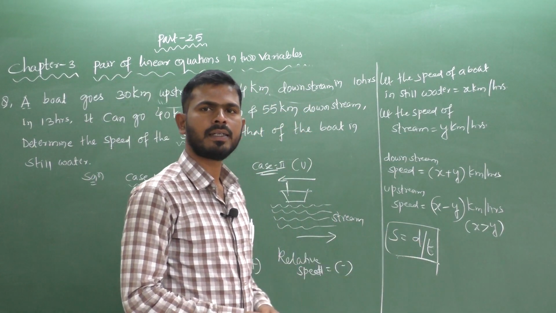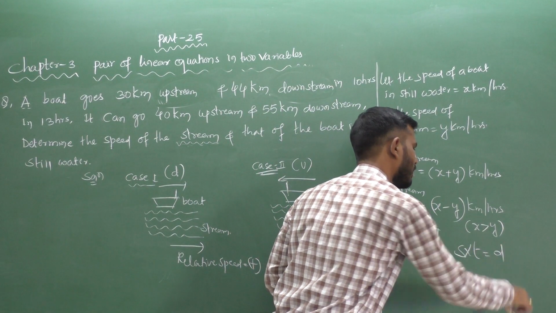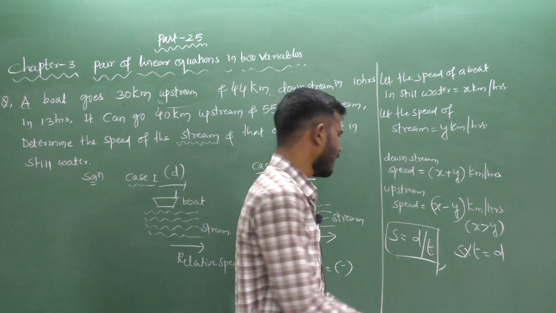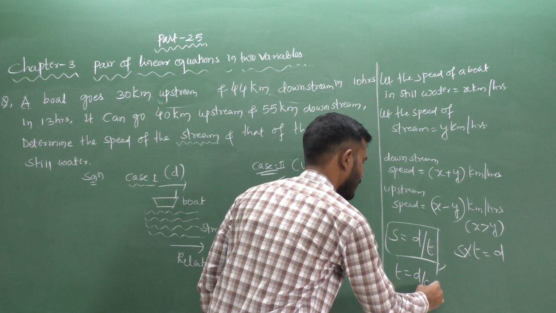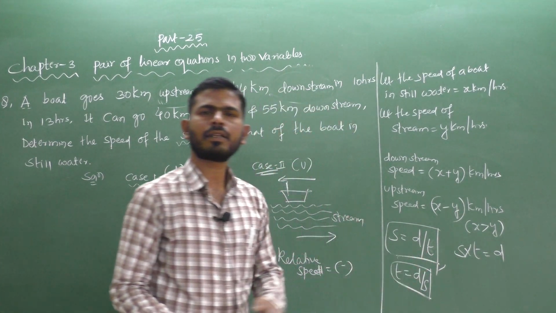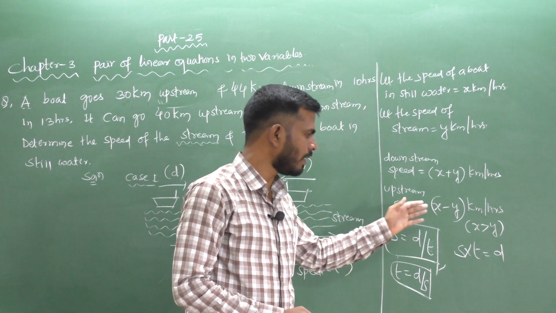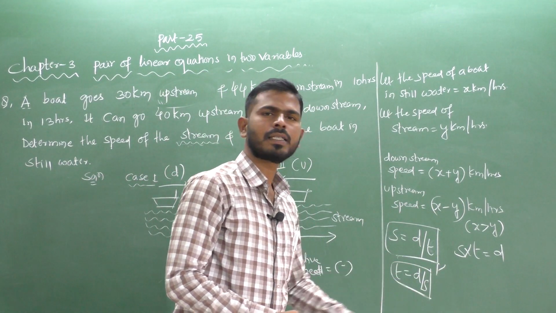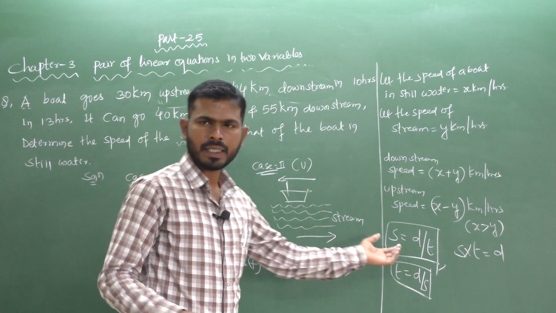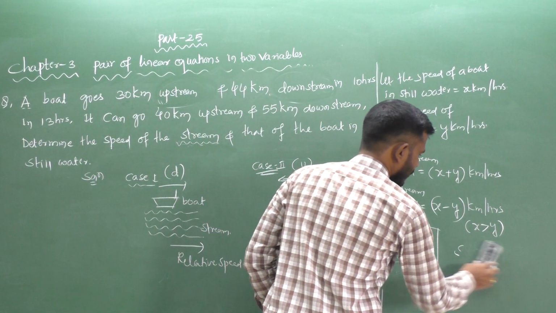Or you can write speed into time equal to distance, or time equal to distance by speed. The three equations are the same. Better you use speed equal to distance by time.